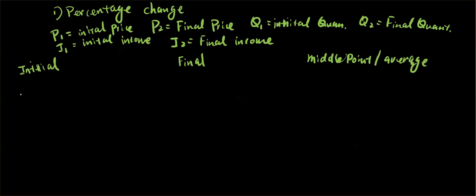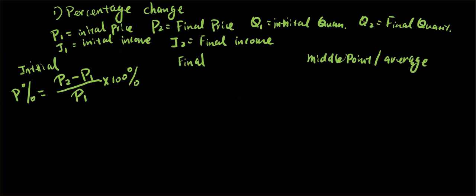Let's look at the first approach to calculate percentage change. For instance, the percentage change of the price. The percentage change of the price equals the final price, P2, minus P1. This is the change of the price, and we divide by the initial price as the denominator, so that is divided by P1, times 100%.